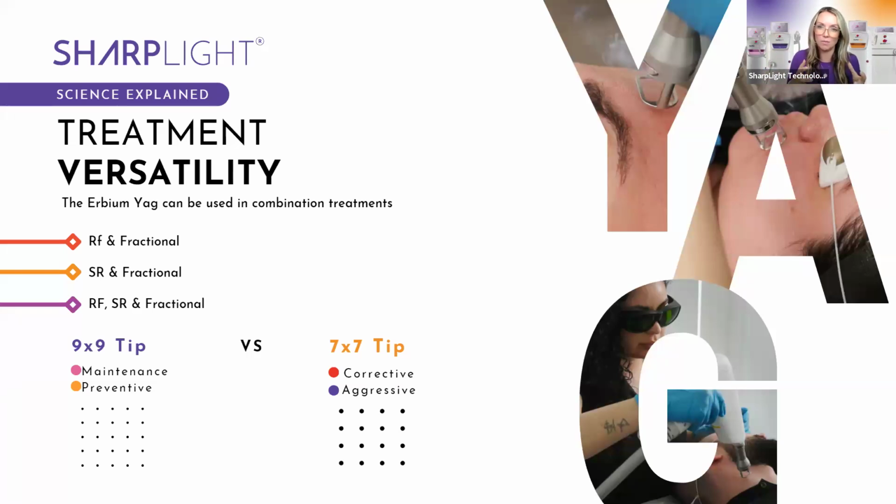Whereas if you're really going 7x7, it's more of a when you're doing fractional alone. But perhaps there's times where you may use 7x7 in a stack. Have you ever done that, or do you recommend always kind of leaning towards the 9x9?